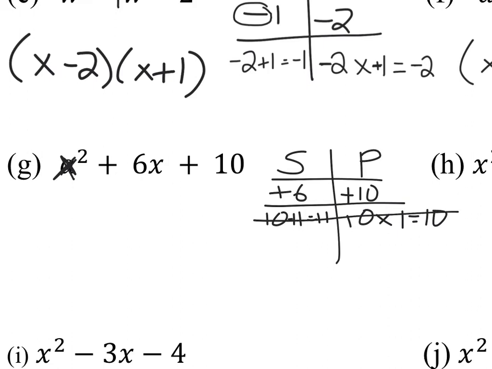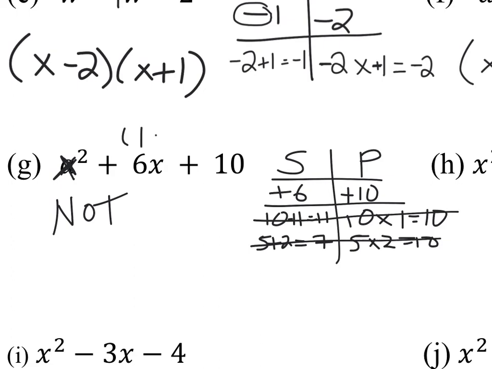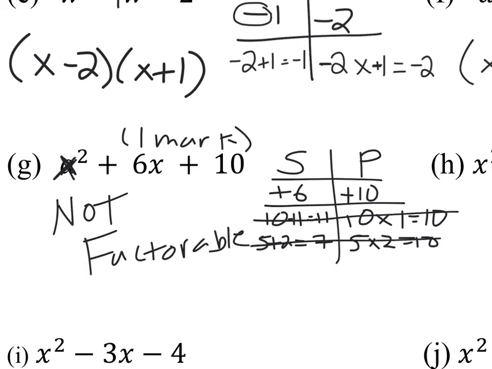What's another way to make a 10? 5 times 2 is 10. 5 plus 2 is 7. So that doesn't work. Are there any other numbers that I can use to multiply to make a 10? No. So this question right now, if you can't do it, again, look for the trick of it being worth 1 mark, as we discussed before. It's not factorable. You have to write that down if that's the answer.